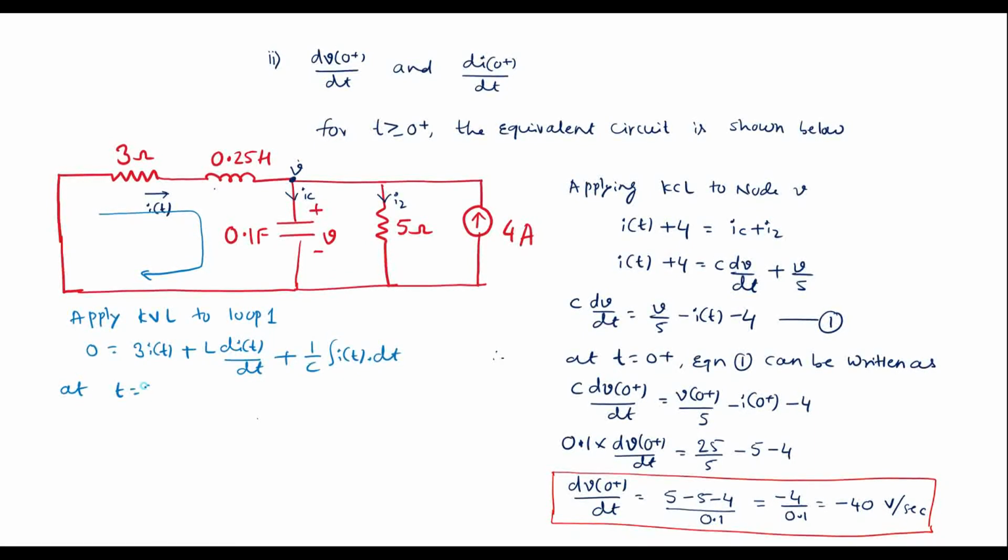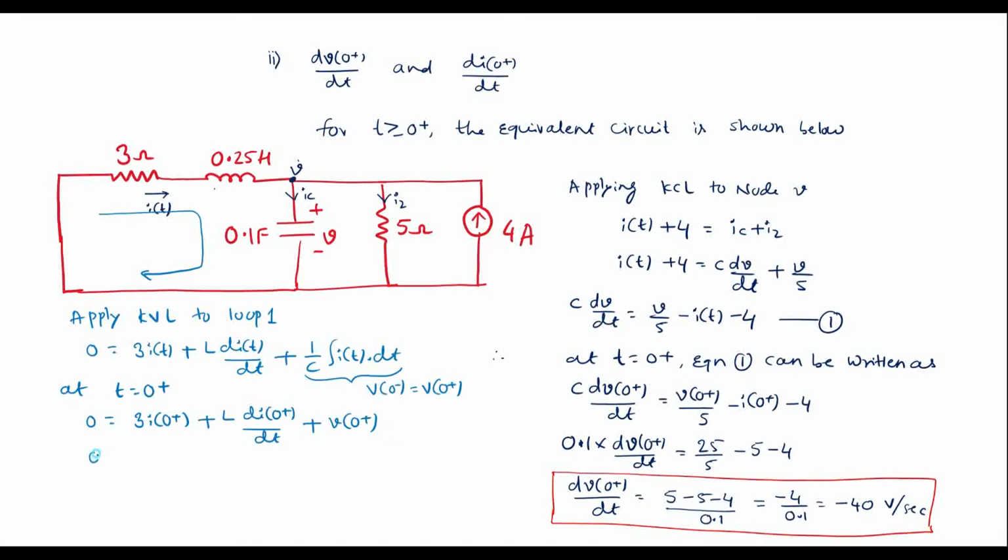At t equal to 0+, this equation can be represented as 0 is equal to 3I of 0+ plus L di of 0+ by dt plus, so this is nothing but V of 0-, which is equal to V of 0+.